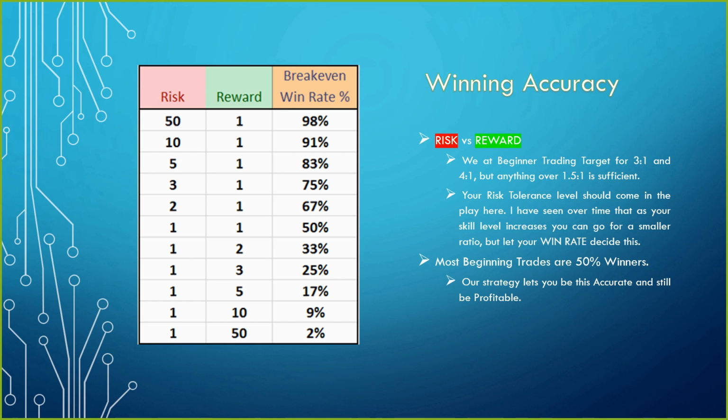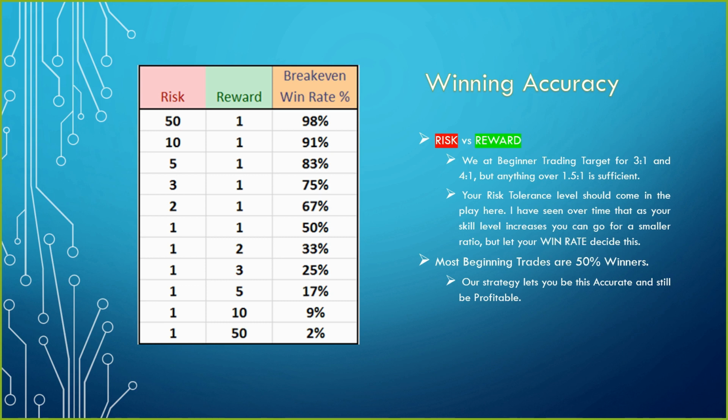There are many strategies out there. There are a lot of scalping strategies that claim to be 83% accurate or 75% accurate, but this is very, very hard and very limited. A lot of times you're going to have to go to a trade on the other side of the spectrum, where you only have to be right 25 or 33% of the time.